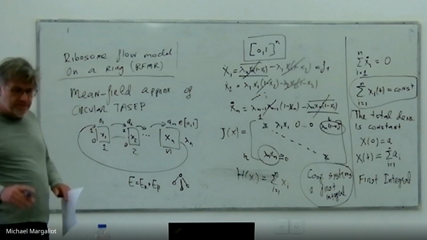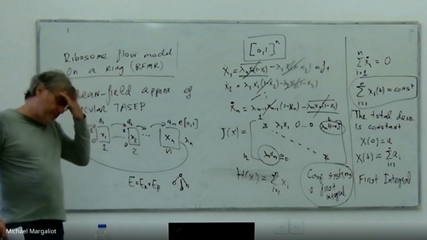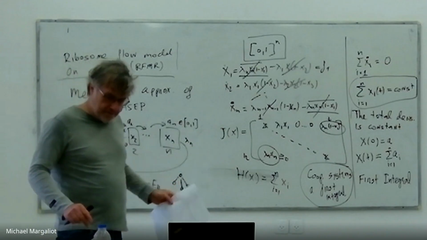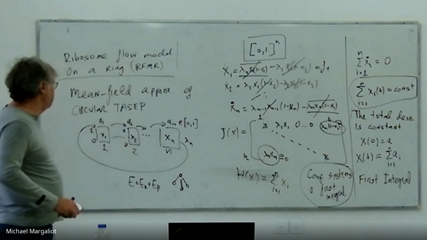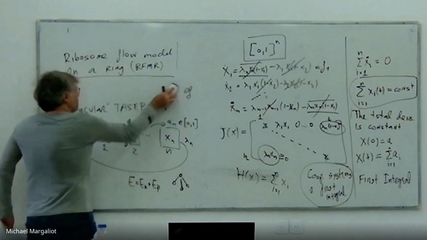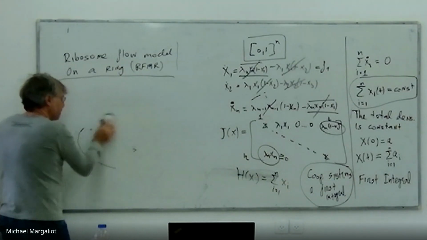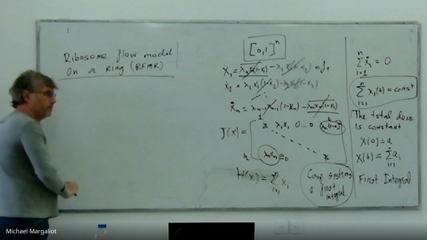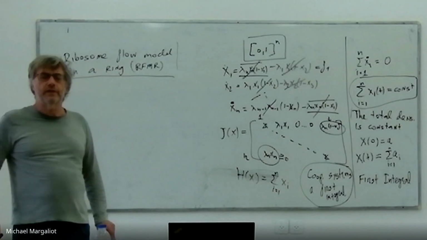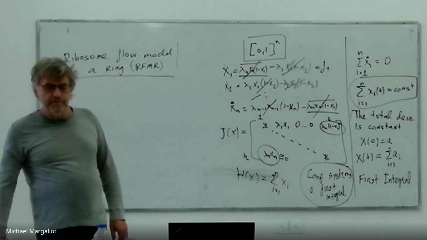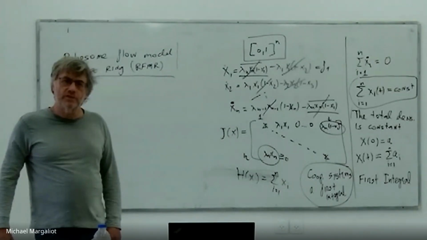Whenever you have some conservation, some energy, the number, the total density, something is conserved, and the system is cooperative, then you're looking at a cooperative system with a first integral. Questions about the RFM so far? This is also a good introduction to the first network of RFMs that we will study. Please, any questions? Don't hesitate to just barge in and ask.